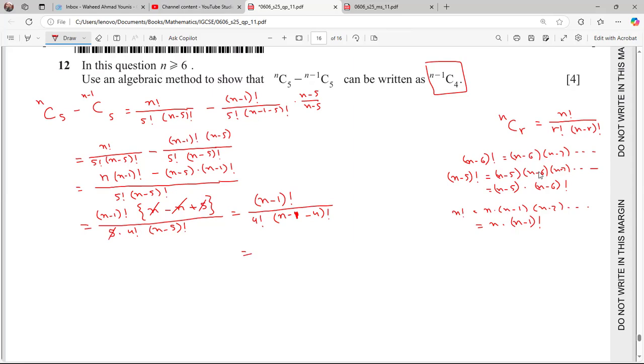So you can see that this expression is simply (n minus 1) combination 4, because if I open it, it's (n minus 1) factorial divided by 4 factorial and (n minus 1 minus 4) factorial. So this is my right hand side. Hence we prove that this thing is equal to this one.